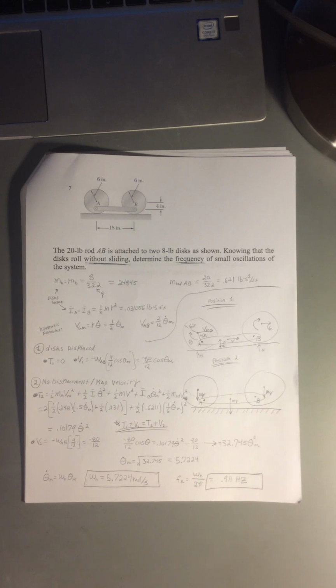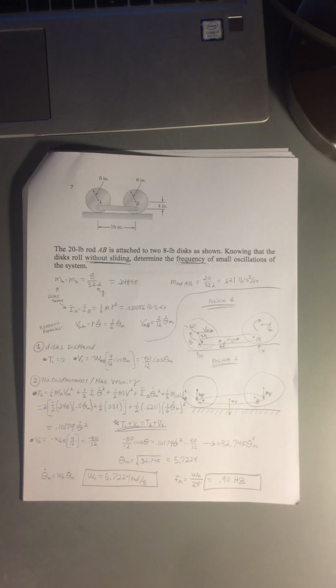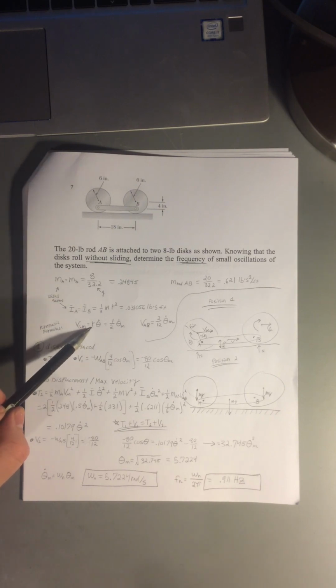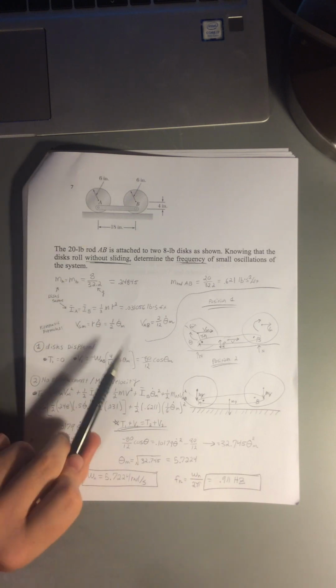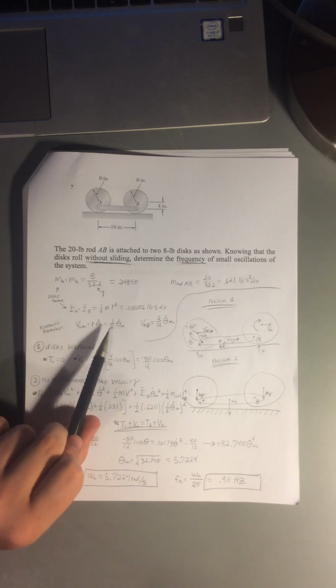And so from there, we also want to use our kinematic equations here to find some relationships that we're going to need later on when we're doing the energy and work portion of this problem. And so we know that our velocity of the mass center has to equal r omega, and we know that omega is the same as theta dot, and our radius is 6 inches or 1/2 of a foot, and so our velocity will be 1/2 theta dot.